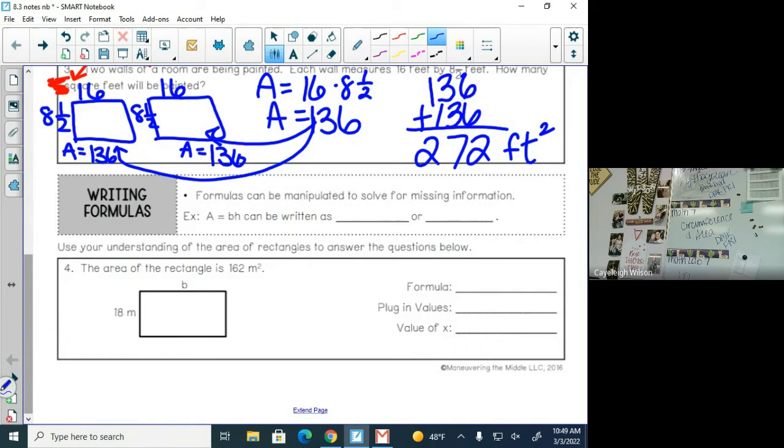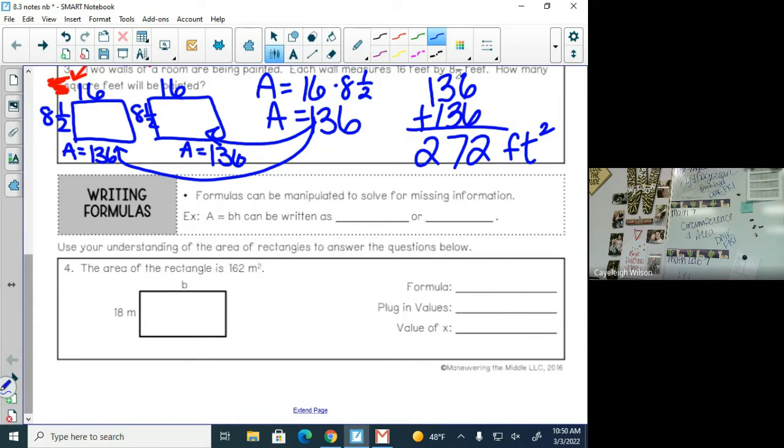Okay, here's another one. If I know that the area is 10, and I know that one side is 5, the other side would be 2, because 5 times 2 is 10. If the area is 40 and one side is 8, the other side is 5, because 8 times 5 is 40.